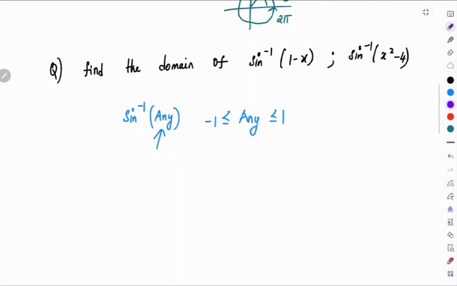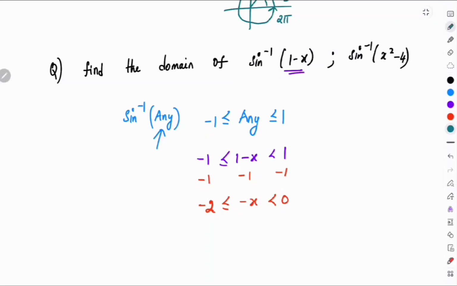The first question looks very simple. In this, anything is 1 minus x. So 1 minus x should be greater than or equal to minus 1 and less than or equal to 1. Now you can subtract 1 throughout, so you get minus 2 and minus x and 0.